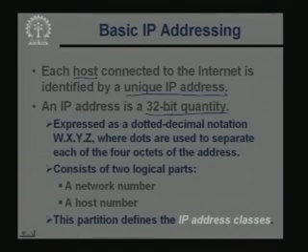If there are more, then there will be confusion and the packet may be delivered in the wrong place. Okay. So, we have the concept of an IP address which is supposedly unique with respect to each host.